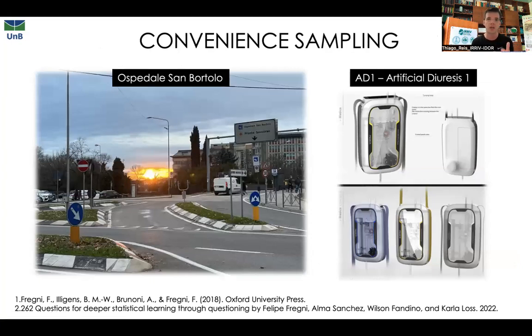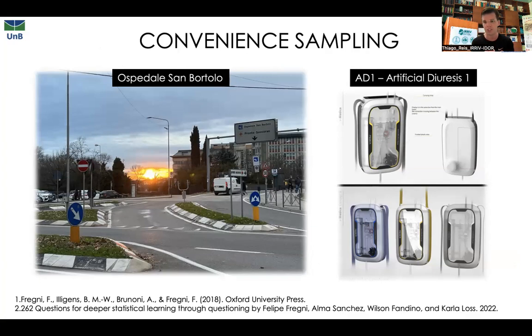Or we can do convenience sampling, and we will apply this in our center in upcoming trials. So we have here the hospital, and we will enroll patients that go to the hospital, but we cannot say that those patients represent the whole population of the region or of Italy. This is kind of a biased sample.